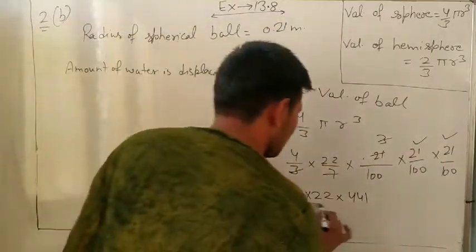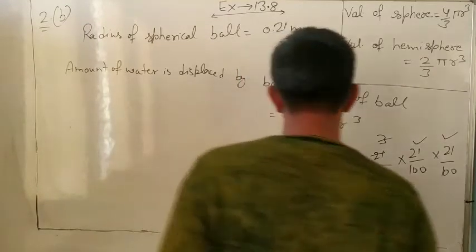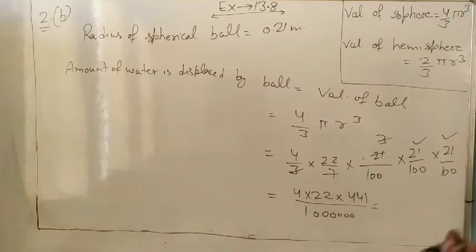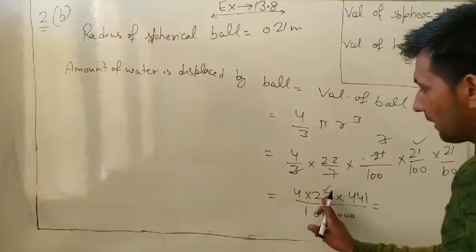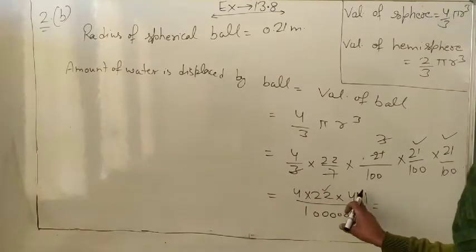21 into 21 is 441. And how many 0s in the denominator? 6 zeros: 1 2 3 4 5 6. Now multiply. The 22 table is very important. If we multiply 22 into 4, we get 88, and it is very difficult to multiply 88 into 441.